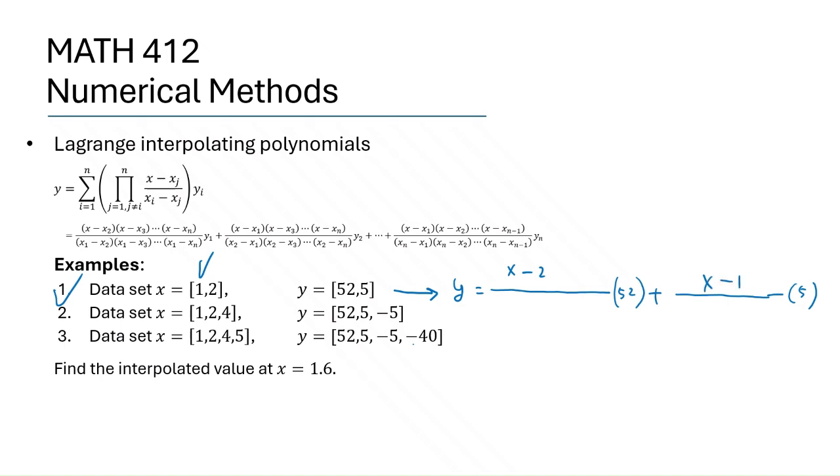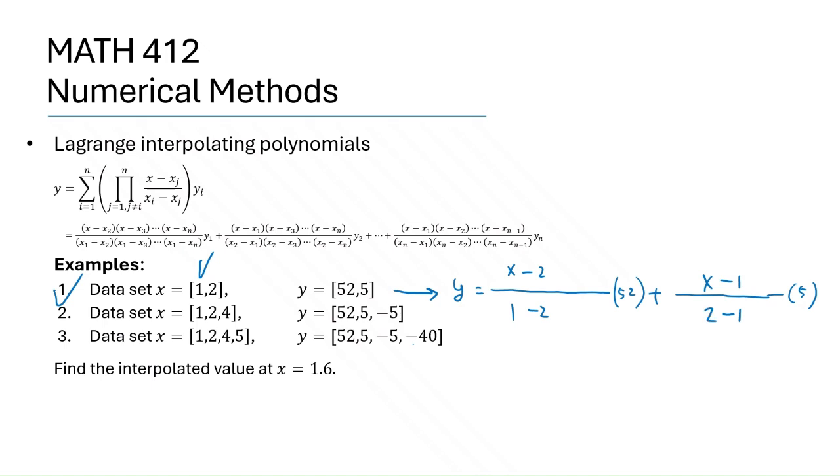Now the denominator: copy and paste the numerator to the denominator. Change x to x1. For the second term, copy and paste the numerator the same to the denominator. Now replace each x with x sub 2, that's 2.